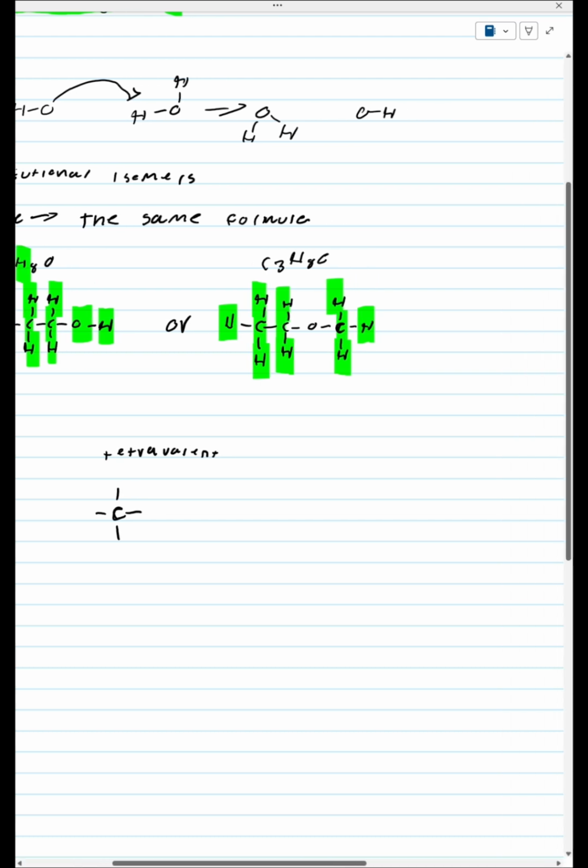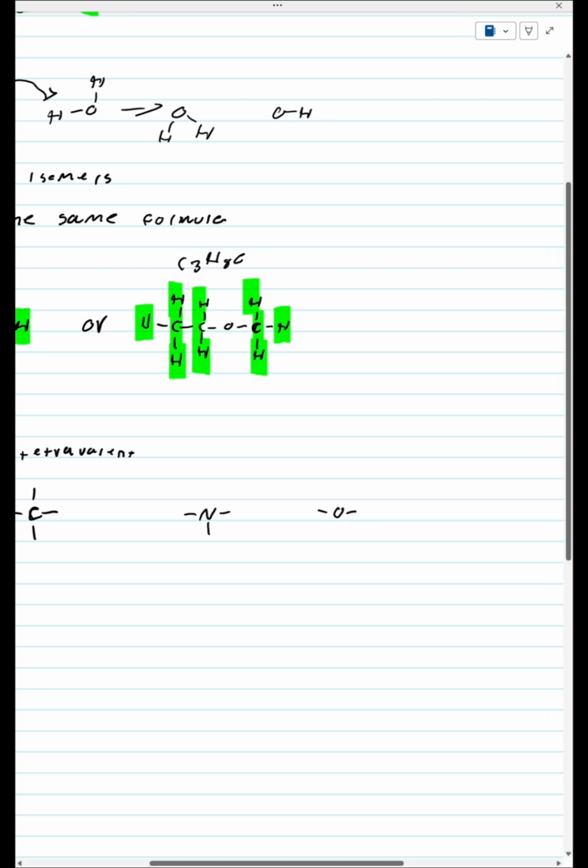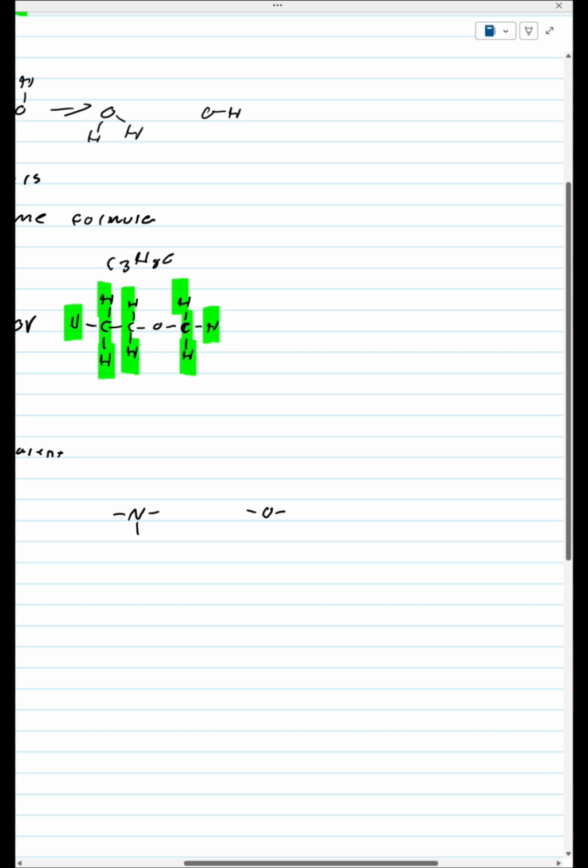Then nitrogen will be trivalent. Oxygen will almost always be divalent. Then monovalent are your halogens and also your hydrogens. Halogens will almost always be depicted as an X, but if we remember what our halogens are, they are fluorine, chlorine, bromine, and iodine.